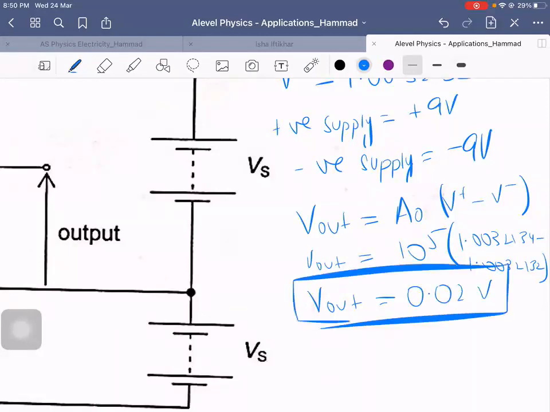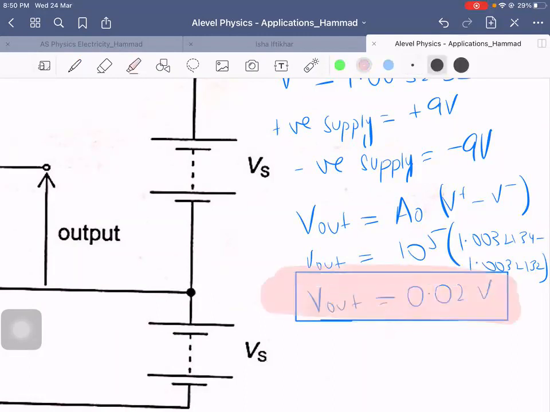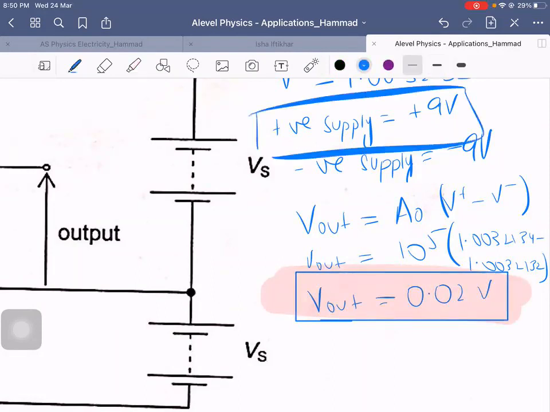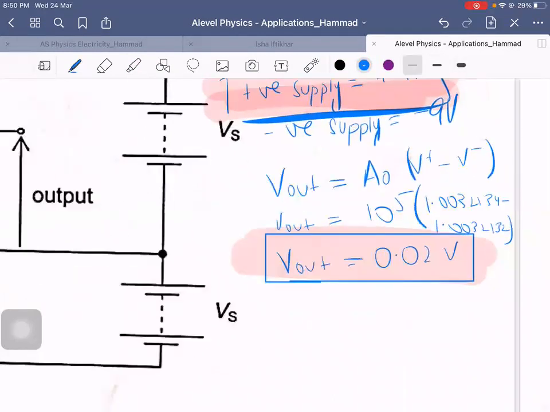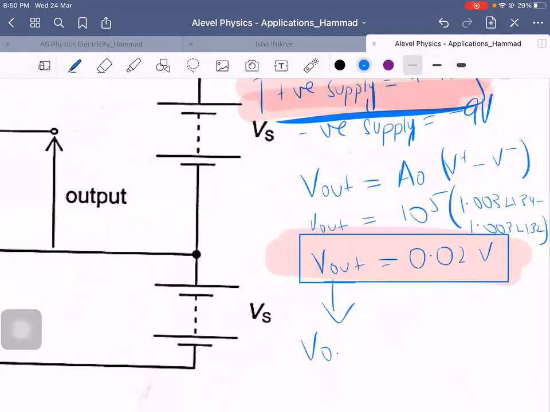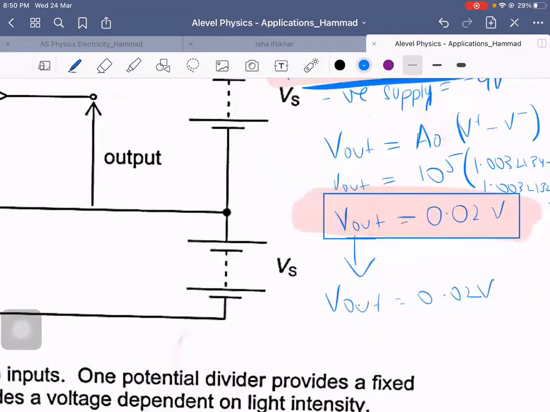Now you need to understand that this value is less than the supply voltage, right? Therefore, my output value would be 0.02 volts, and it is not saturated.